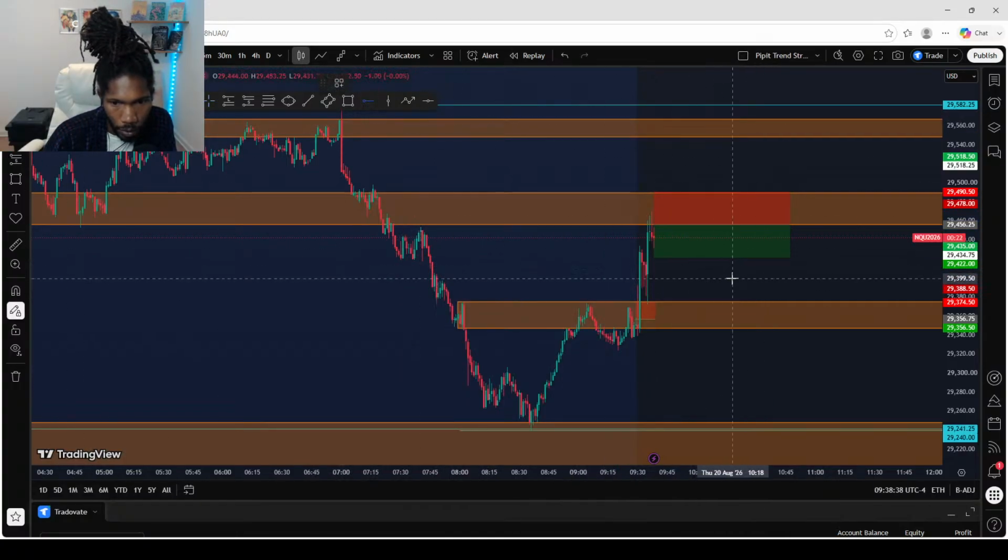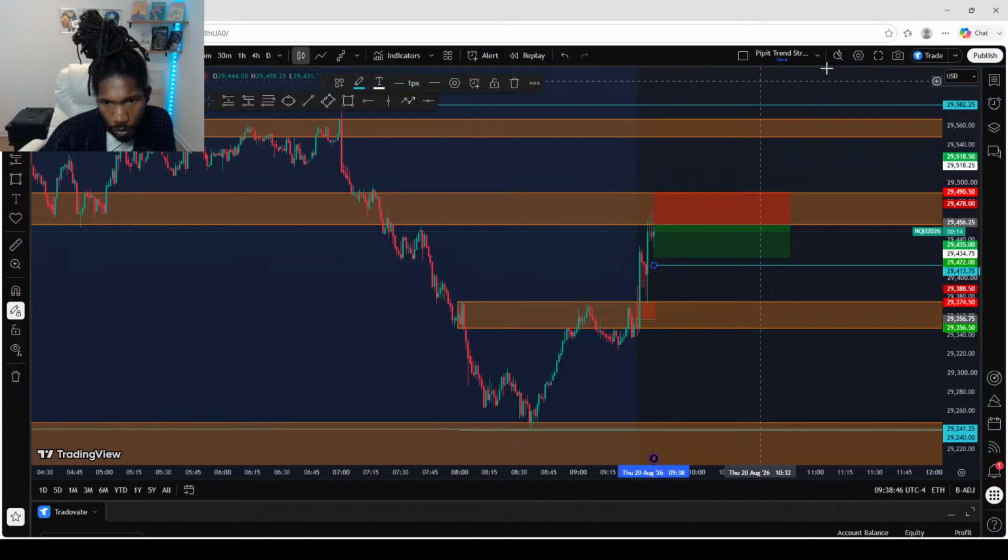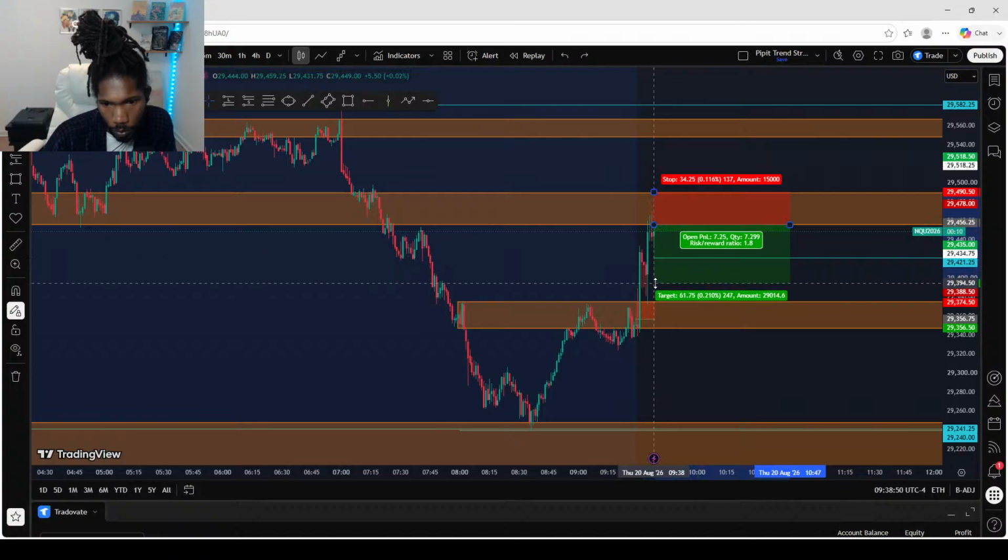That would be TP1 right there. 1 to 1 off the rip is going to be where it's at. Full TP.